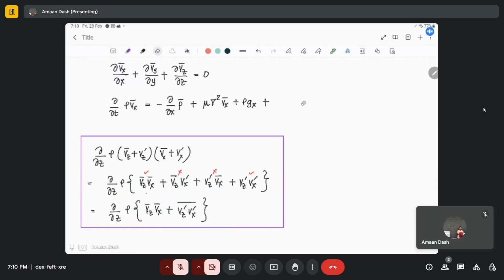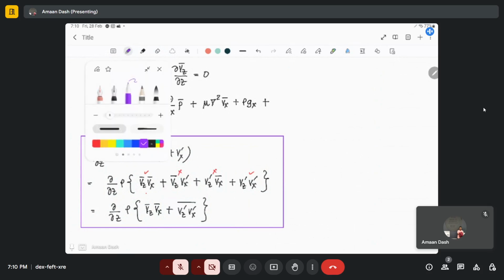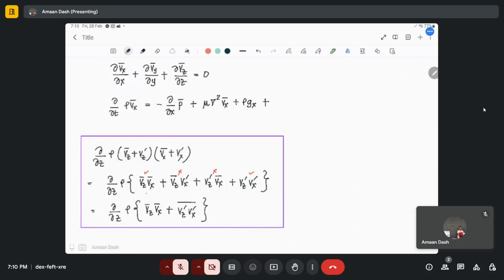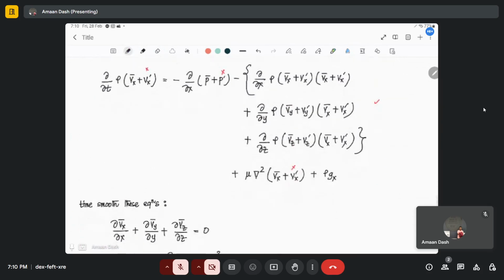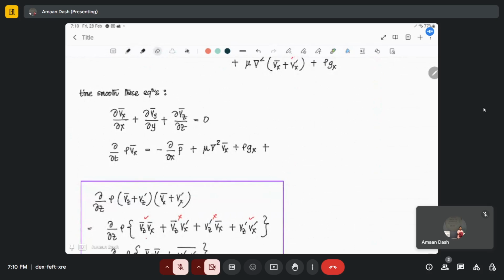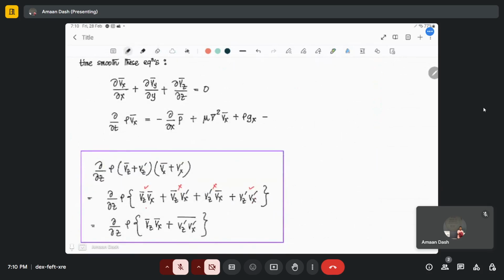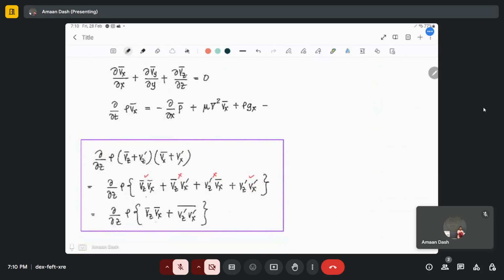So now if we add these here, what we will be ending up with is, so we have a minus term. So we're having minus. So we see there are two terms, one with the product of averages.